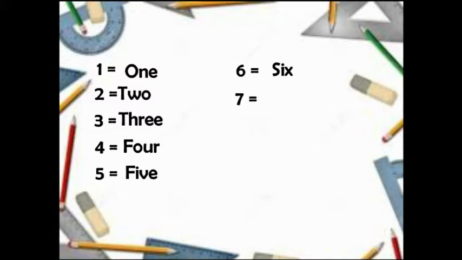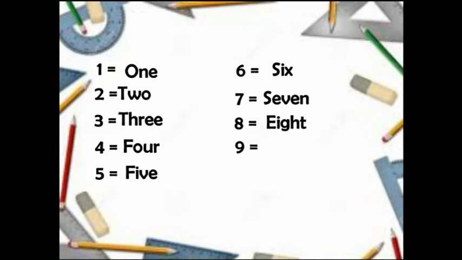Next, we have number 7. And the spelling of 7 is S-E-V-E-N. Another one is number 8. And the spelling of 8 is E-I-G-H-T. Next one, number 9.